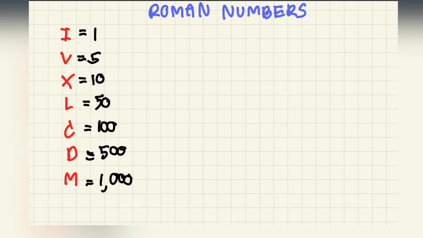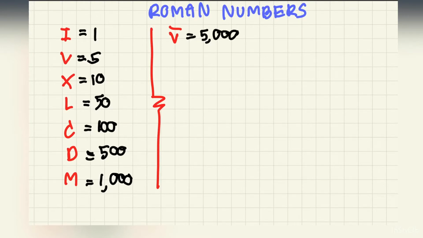Now let's talk about how to change big numbers into Roman numbers. We need to use bars. So V bar is equal to 5,000. X bar is equal to 10,000.